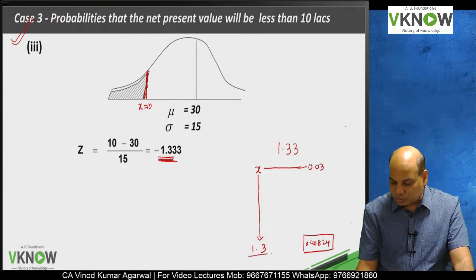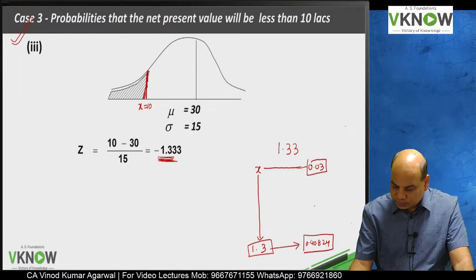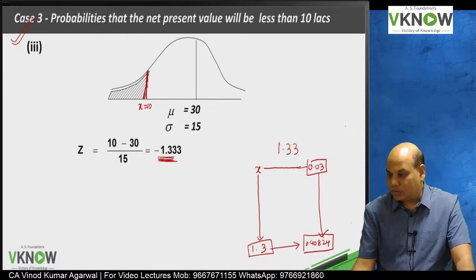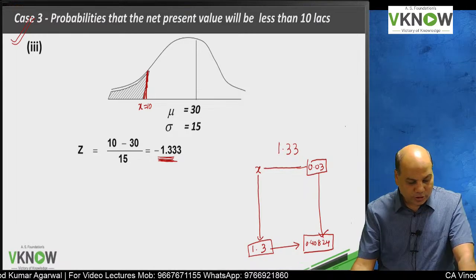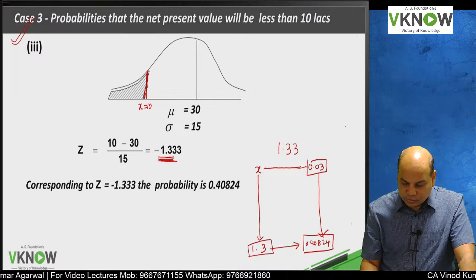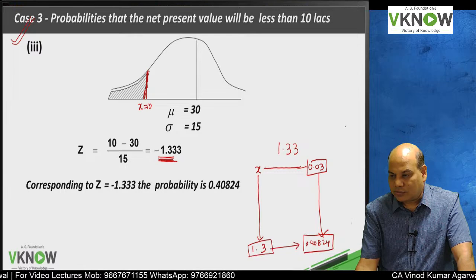Okay, so you have to match 1.3 and 0.3, and you will find this number 0.40824 there. So write down corresponding to Z equal to minus 1.33.